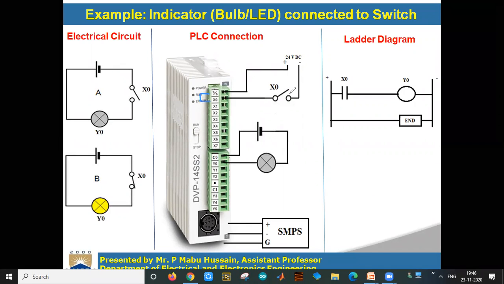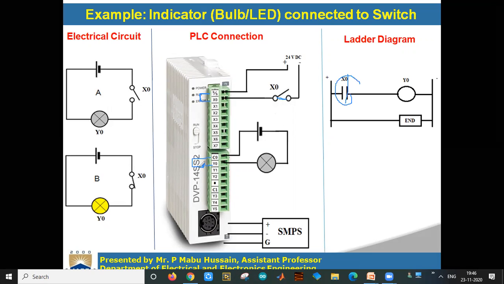Now whenever this switch is closed, the circuit is closed. So this 24 volt supply will be given to this X0 and X0 will be energized. Now as per our program, when X0 is energized, Y0 will be energized. This Y0 is also internal to the PLC. Here you have Y0, which is a relay type. Here you have one internal switch of relay type.